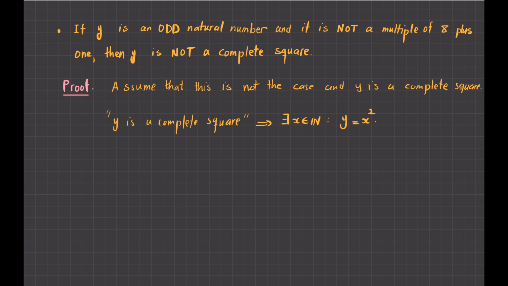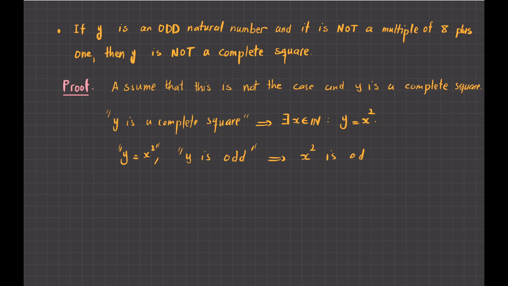Okay, but now look, y is odd, x squared is equal to y, which is odd. So this means that x squared is itself an odd number.